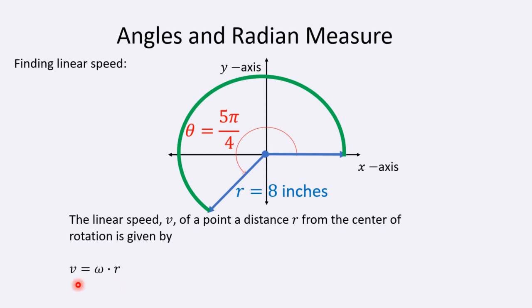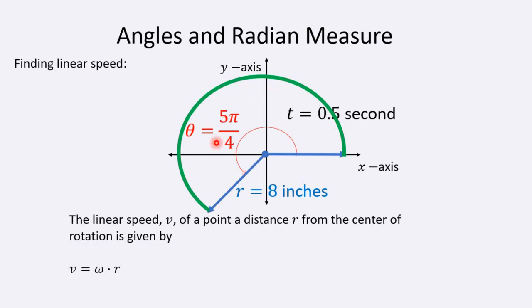All you need to find the linear speed is an angular speed and a radius. The linear speed is equal to the angular speed multiplied by the radius. So here's an example. If you have a radius of 8 inches and it takes half of a second to move through an angle of 5 pi over 4, there's an actual distance that you travel in green here.